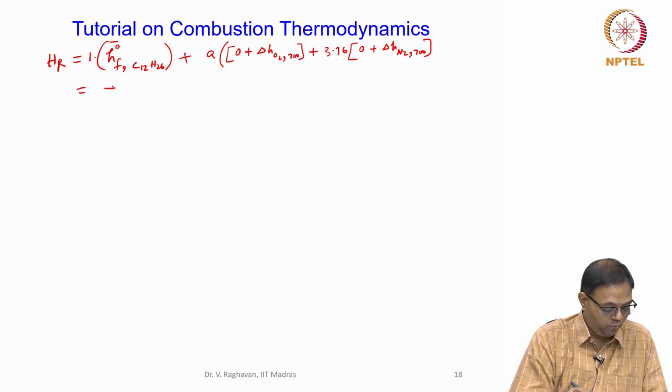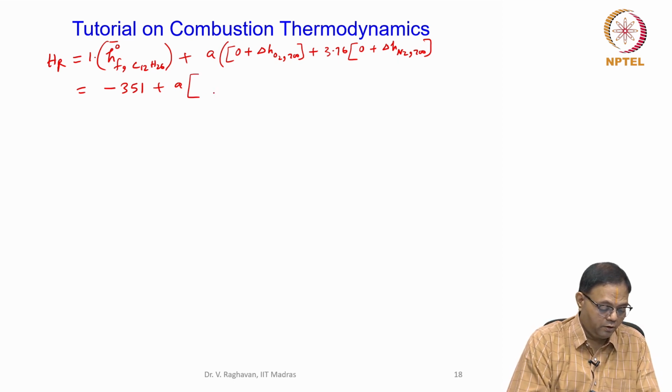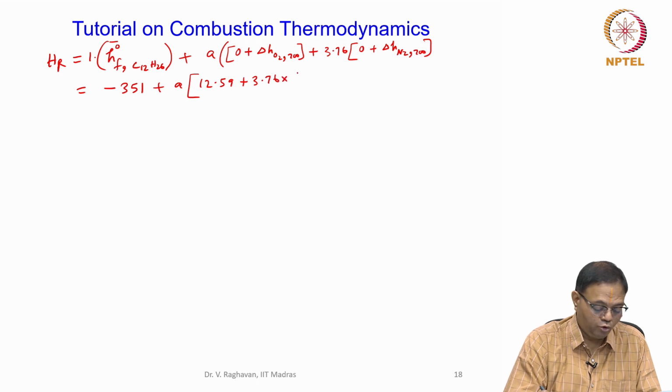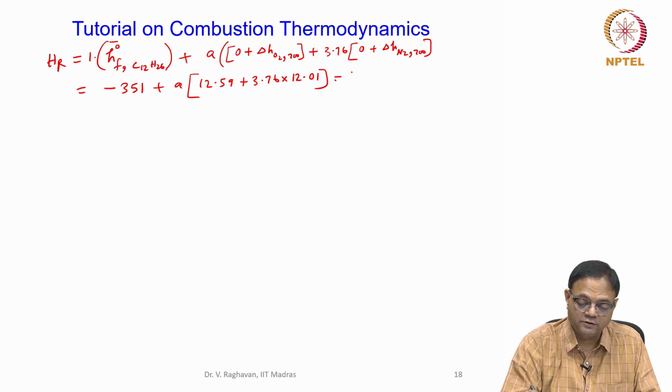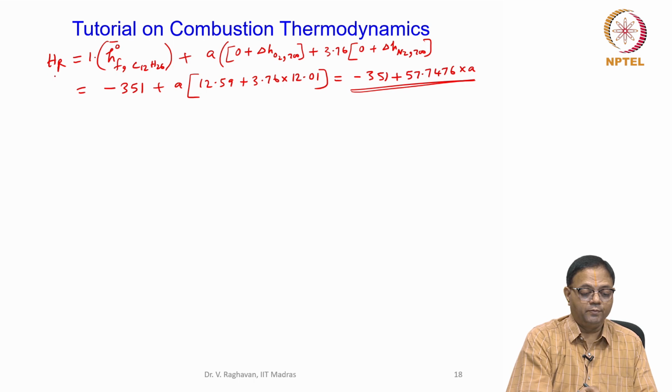So, this will be equal to minus 351, it is given in megajoules per kilomole, plus A times, I will substitute the values, A times 12.59 plus 3.76 into 12.01. So, this is the equation. So, we can write this as minus 351 plus 57.7476 times A. So, that is the enthalpy of the reactants.